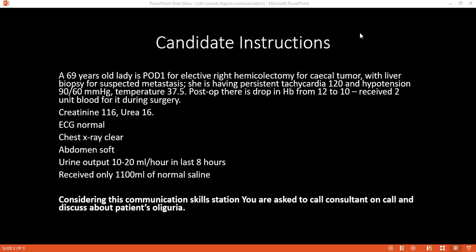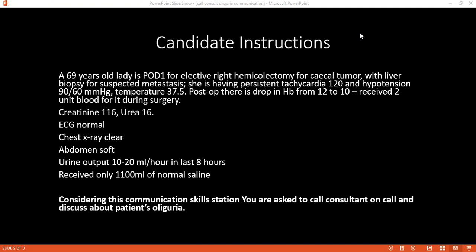Her abdomen is soft. The hemoglobin dropped from 12 to 10. Also, the patient has a rising creatinine with borderline urea. The patient only received 1,100 ml of normal saline.